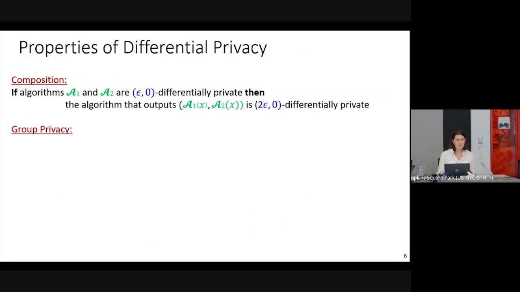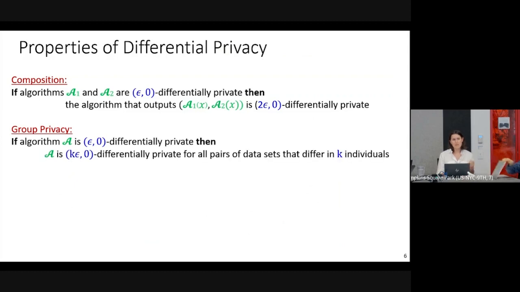It also satisfies group privacy. So if A is differentially private, then it protects not just individuals, but groups. So changing a group of k individuals' data gives you a k times epsilon difference in the output distributions. And this property is actually key to the proof that I'm going to present. So that's the most important one in this list.